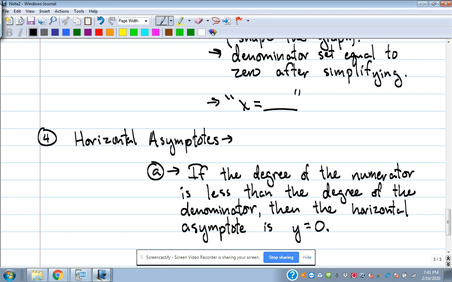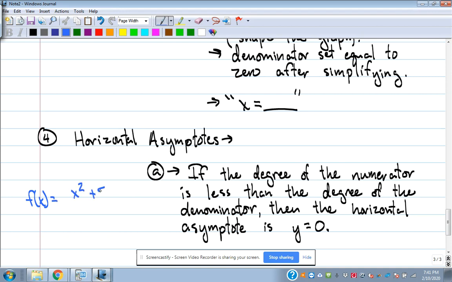When I say degree, what am I talking about for the numerator and the denominator? Let's write an example of a function that does that.